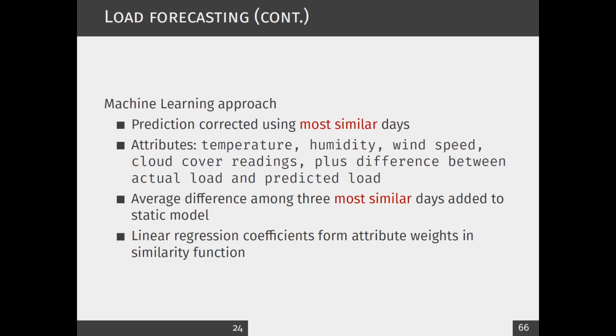Then you can create attributes such as temperature, humidity, wind speed, or cloud cover readings, plus the difference between the actual load and the predicted load. So you can see the average difference of the 3 most similar days added to the static model. And then the linear regression coefficients form attribute weights in a similar fashion. Right.